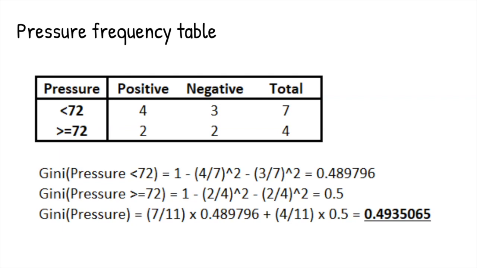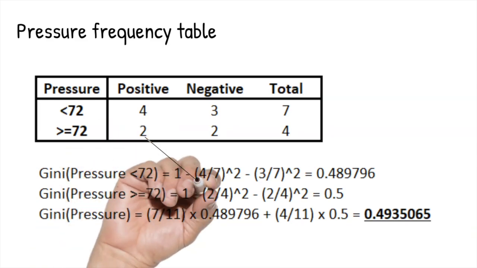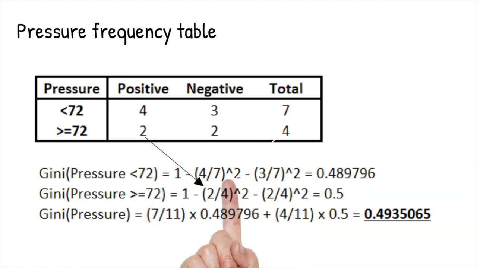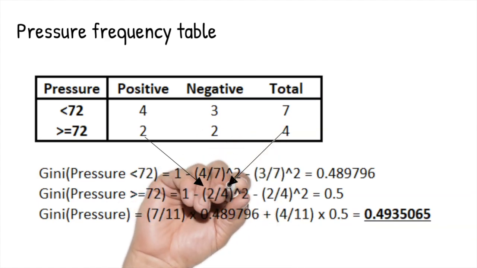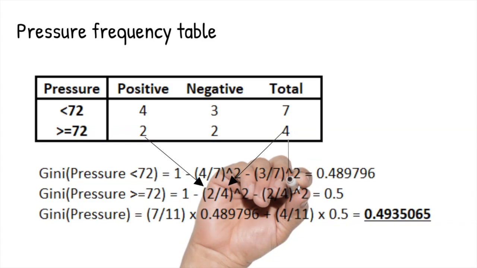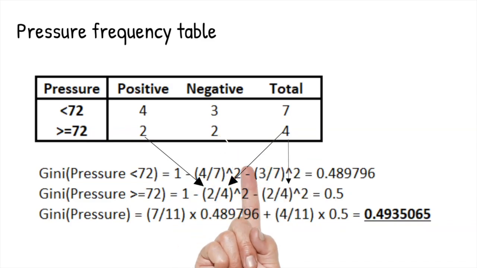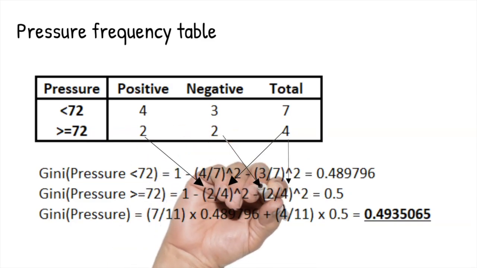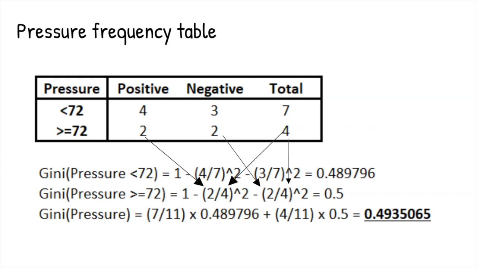Now let's take a look at the Gini for pressure greater or equal to 72. That is equal to 1 minus 2 over 4 squared, 2 because we have 2 people that are positive in that group, minus 2 over 4 squared because we have, again, 2 people that are negative in that group. And the entire Gini index is equal to 0.5.